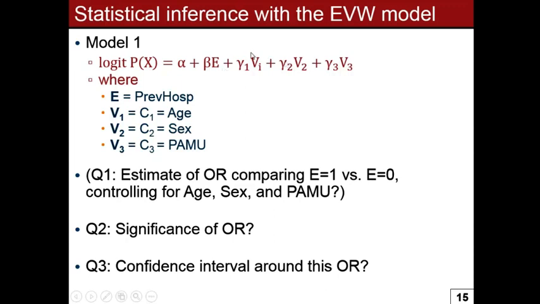And so we said there are 3 main things we generally care about with logistic regression. What is the odds ratio? What's the p-value associated with that odds ratio, typically with a null hypothesis of an odds ratio of 1? What's the significance of that test? And what's the confidence interval around the odds ratio?